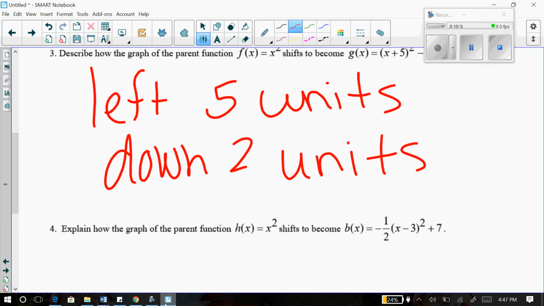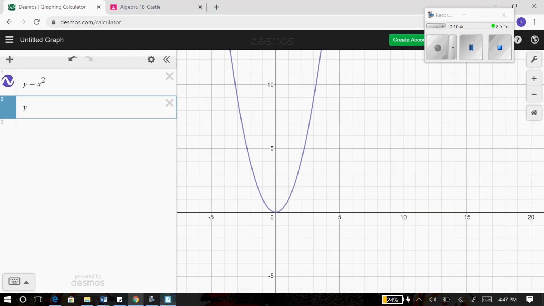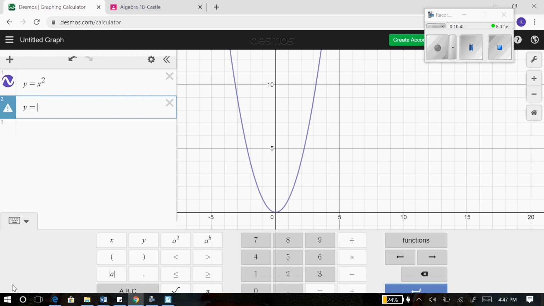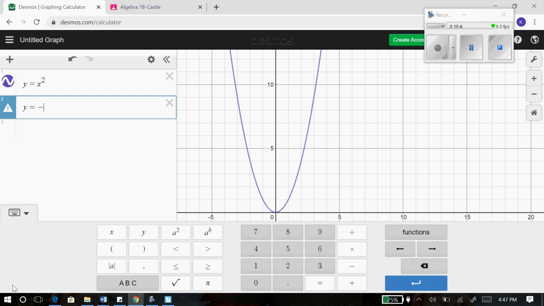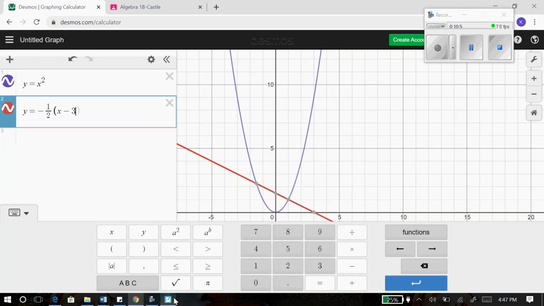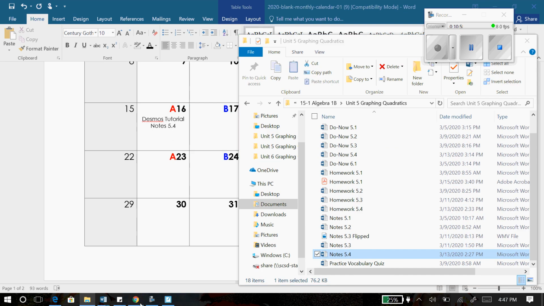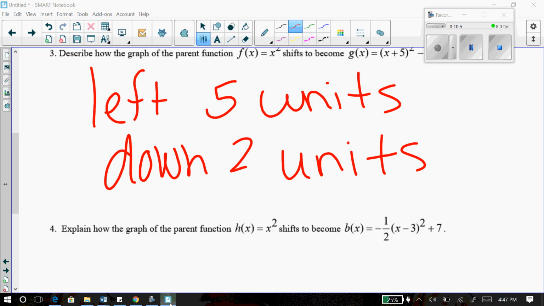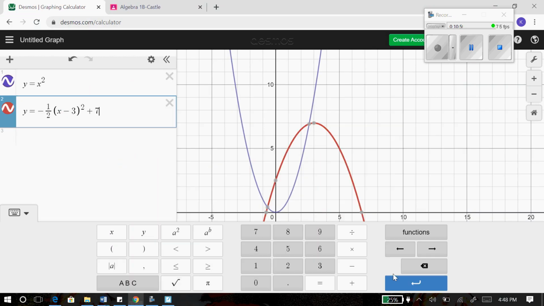Now we're going to graph y equals, I got to pull up my keypad here, negative 1/2 in parentheses x minus 3 squared, oops, plus 7.